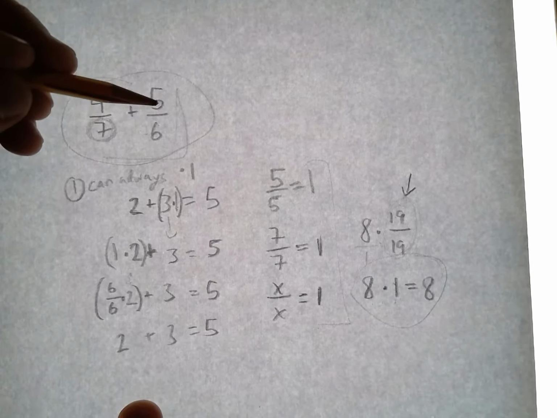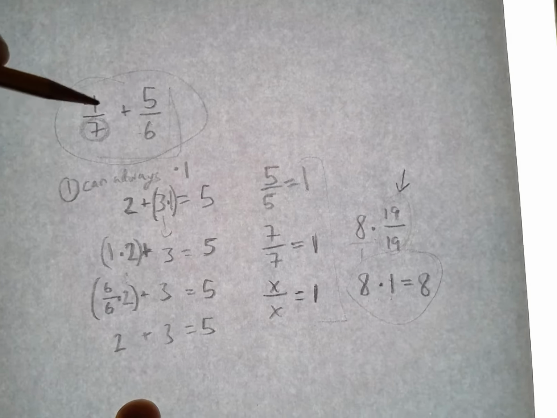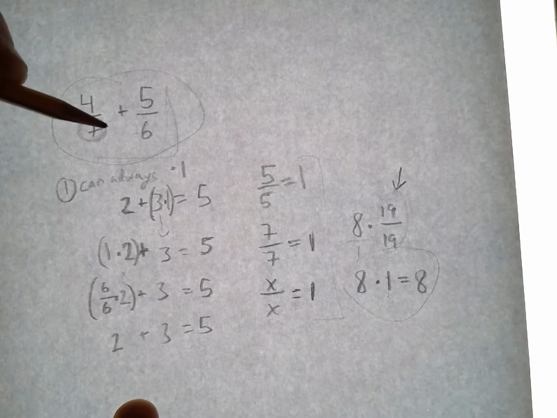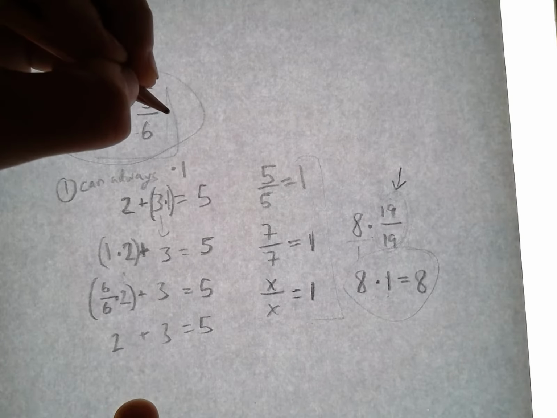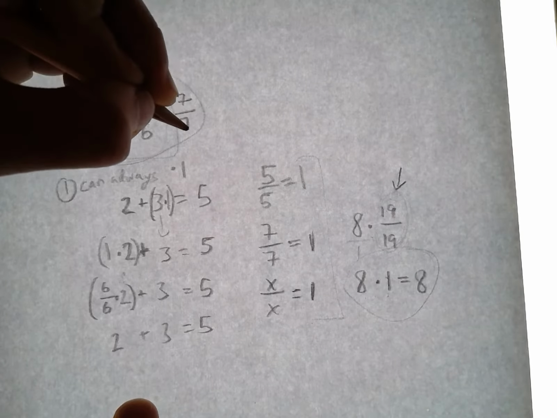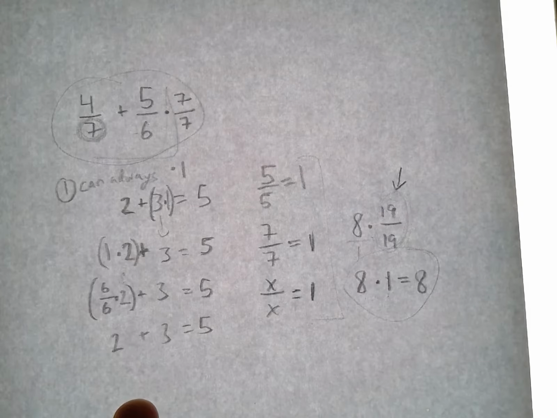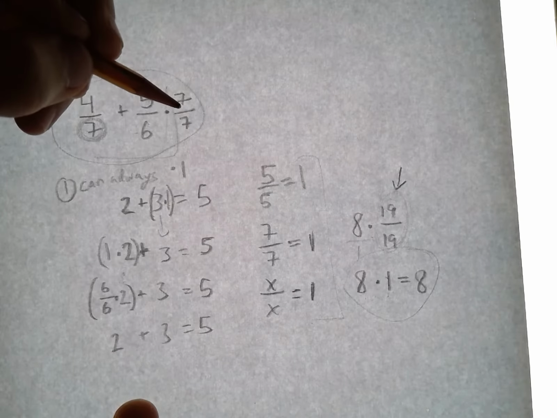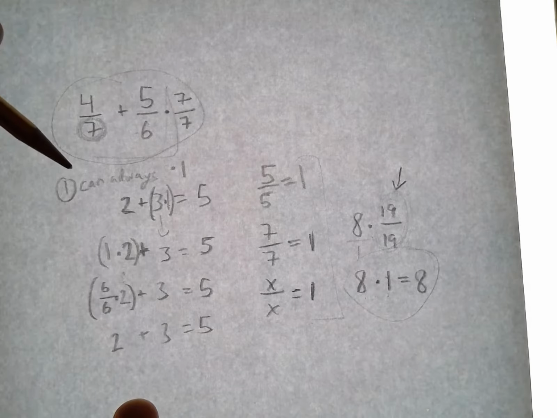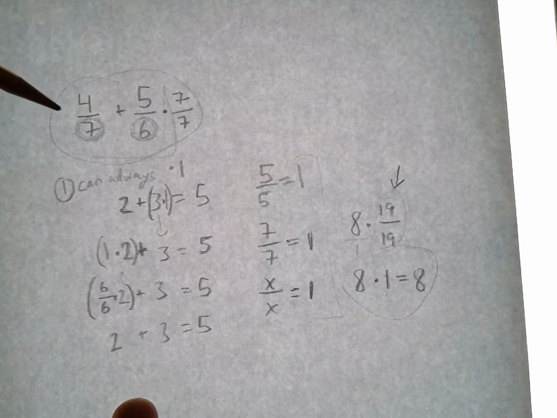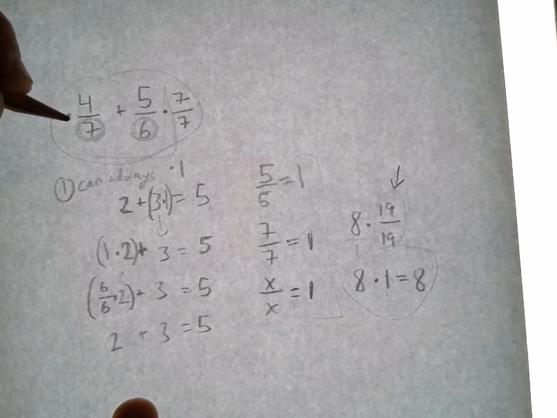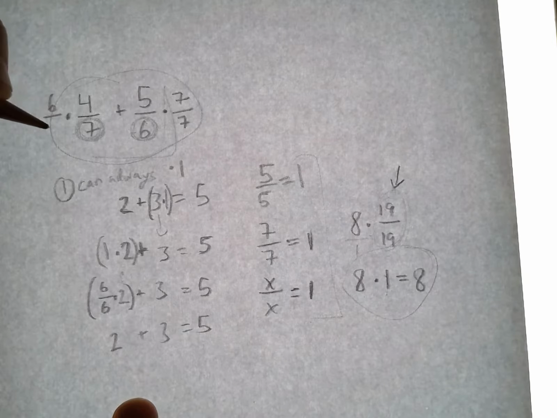So to fix this term and make it so I can add it, I'm going to multiply by a version of 1 using this number over here. The version of 1 I'll choose is 7 over 7. I'm just multiplying by 1, so I'm allowed to do it. It's not going to change any value. Same thing over here. I've got 6. So this opposite term over here, I will multiply by 6 over 6.